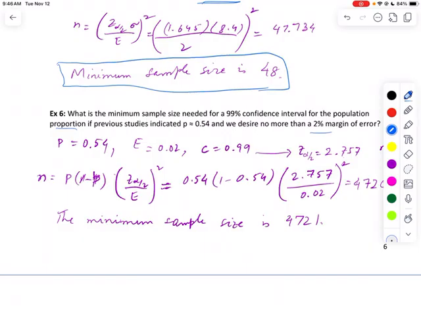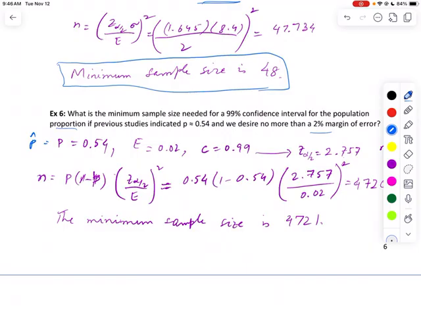So P here will be the same thing as P hat, because remember we can estimate a population proportion from the sample proportion, but in the formula we need the P.